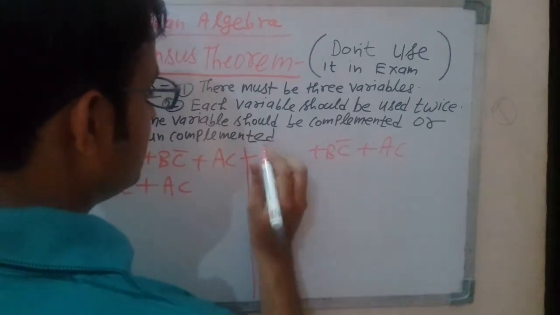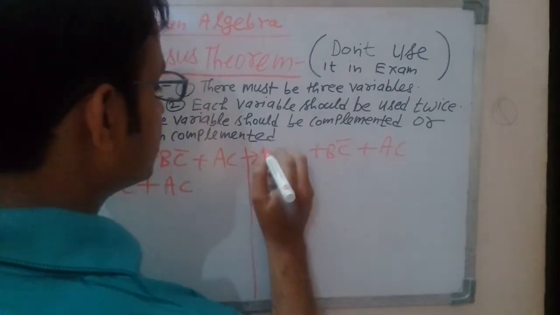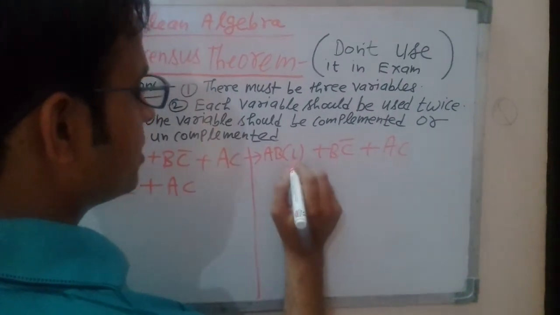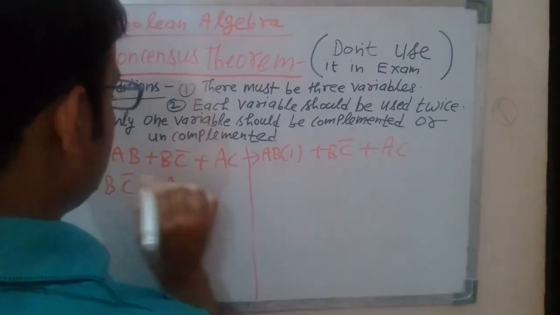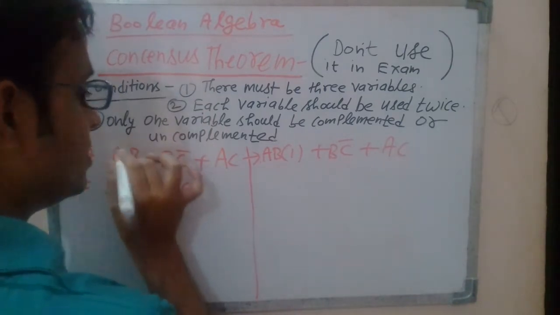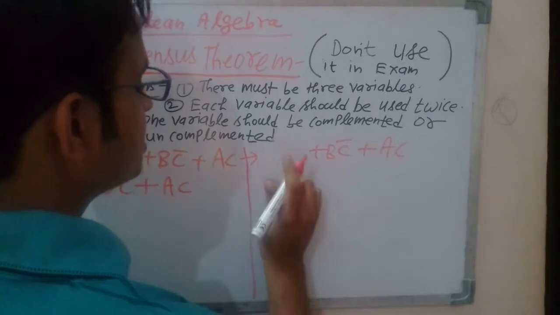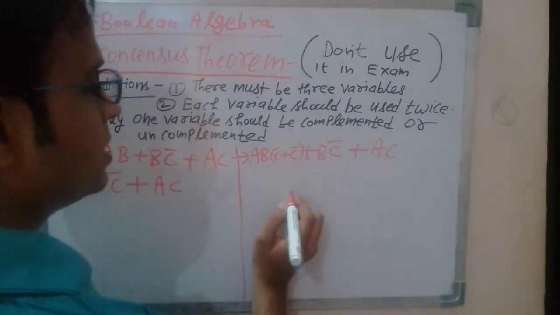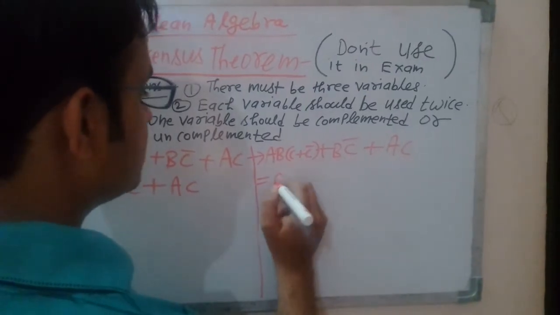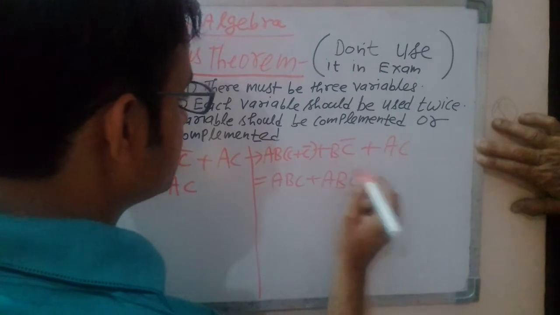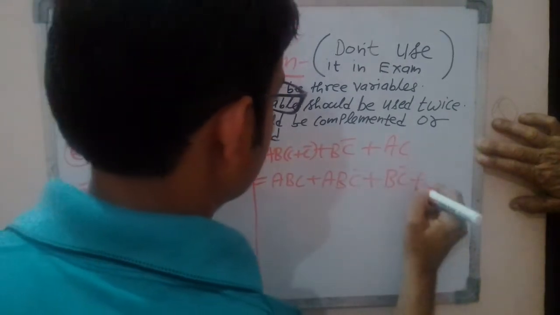That means in the term AB, where C is missing, you will write C plus C bar. Now multiply inside: ABC plus ABC bar plus BC bar plus AC, right?